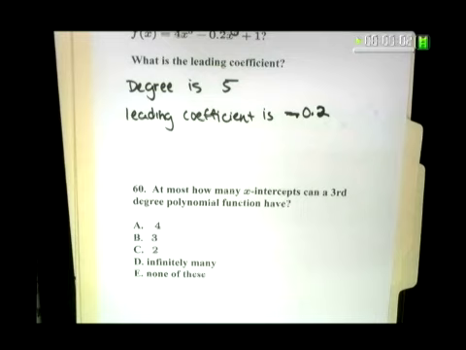But think about a parabola. How many x-intercepts can a parabola have? 2 is the most. It could have 1, it could have none, but the maximum number of x-intercepts it can have is 2.